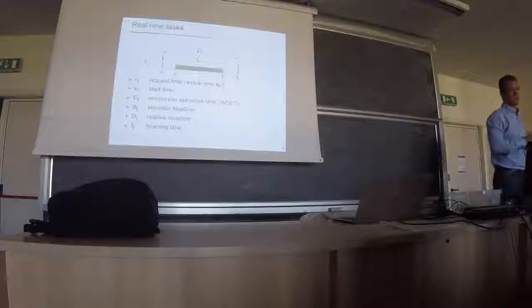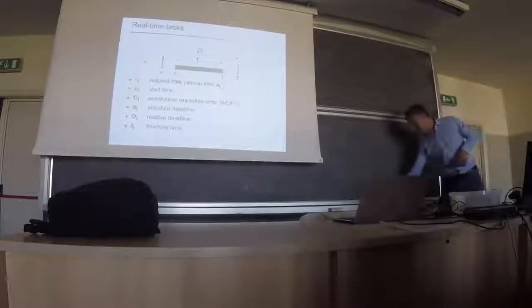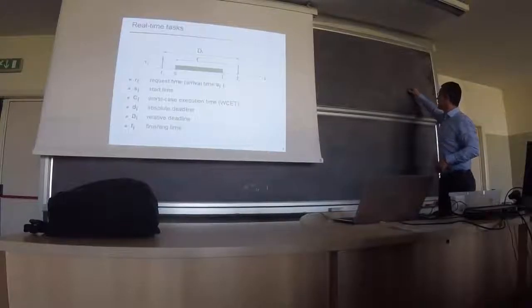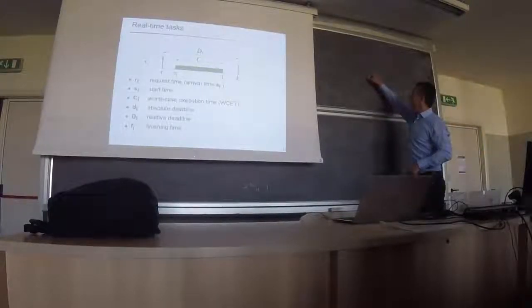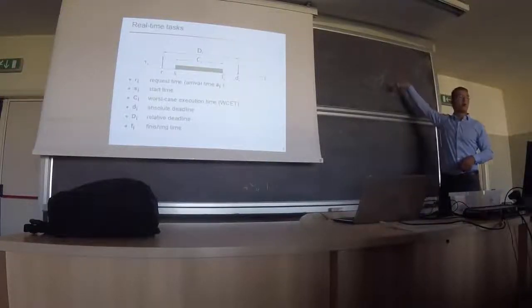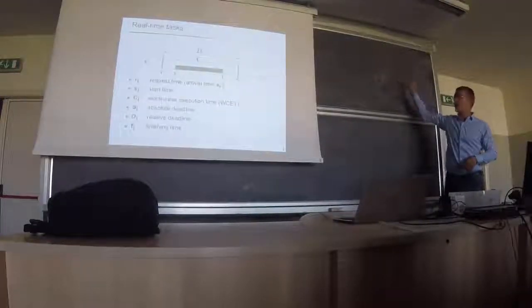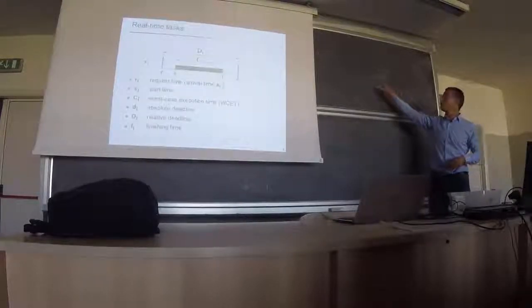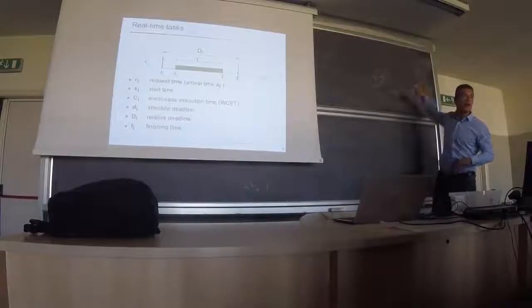Finding this WCET is difficult because our task may be schematized as a lot of conditional branches and dependencies. You may have while loops that depend on variables which are modified during the task code. So simulating it multiple times doesn't assure you that you identified the worst case path ever.